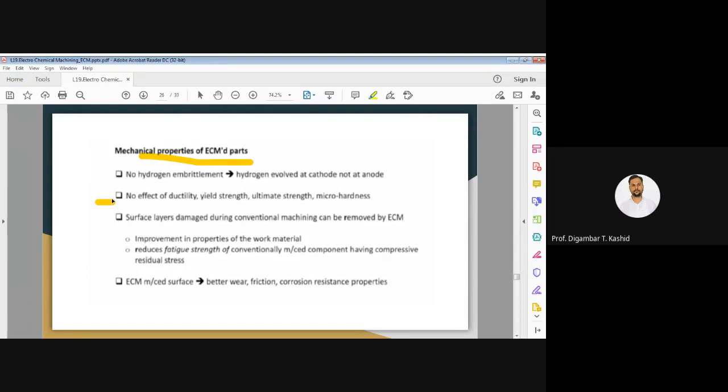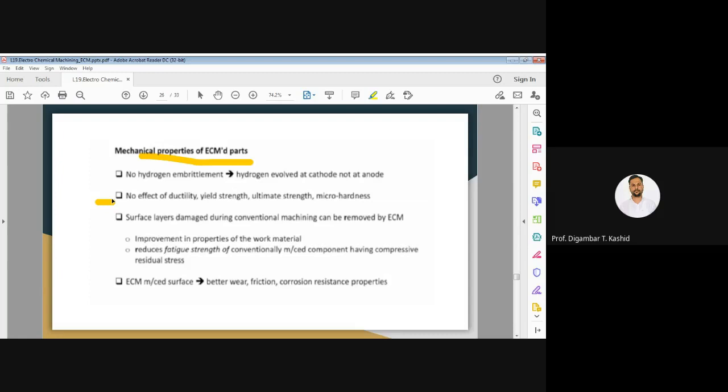Because of these residual stresses, your outer layer becomes very hard. So the damaged outer surface layer from conventional machining can be removed by electrochemical machining.